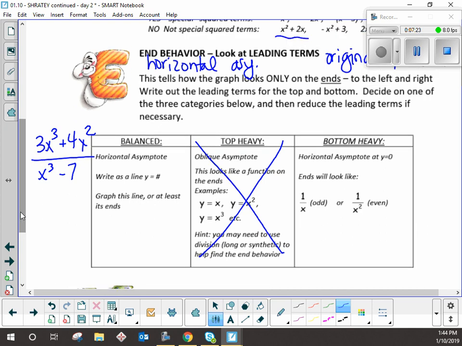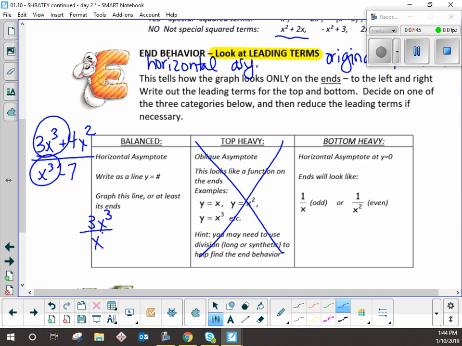This would be my original before I factored. I'm looking at the leading terms for this piece. The leading terms are, when it's written in standard form, what are the first terms? The first term in the numerator here is 3x cubed. And the first term here is x cubed.